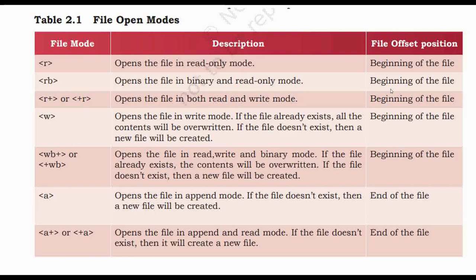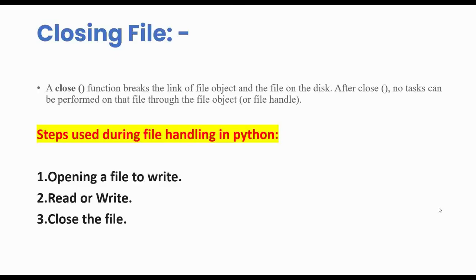RB also is from the beginning, W is from the beginning, and all the others are from the beginning except for the A mode. A mode or A plus mode will have the file pointer pointing at the end because it has to add at the end. That is one thing you have to keep in mind. So this is the closing of the file. You have to use the close function for closing the file before you end any operations.